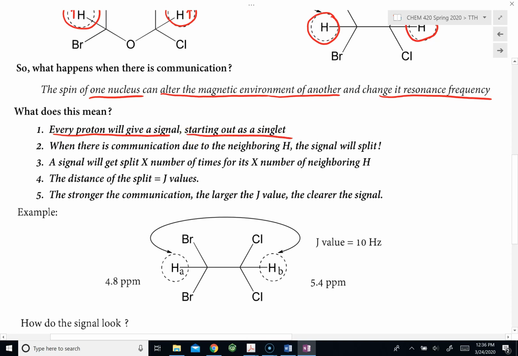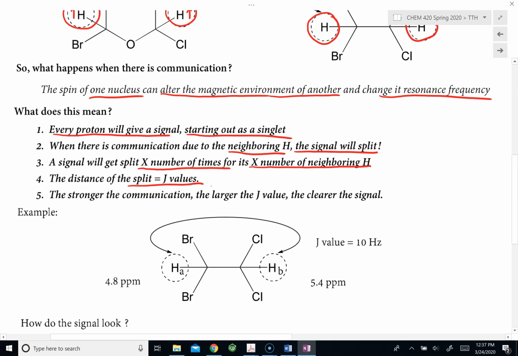When there's communication due to the neighboring hydrogen, the signal will get split. The signal will get split a number of times, dependent on however many neighboring hydrogens it has, and the distance of the split can be described by a J value.